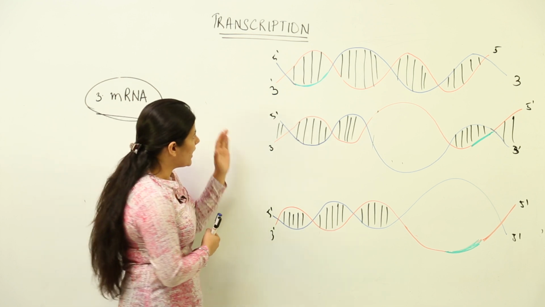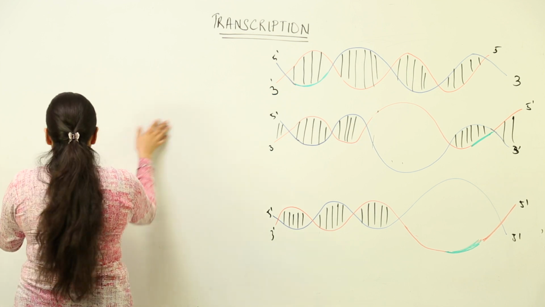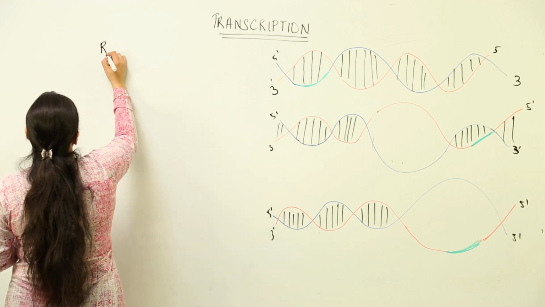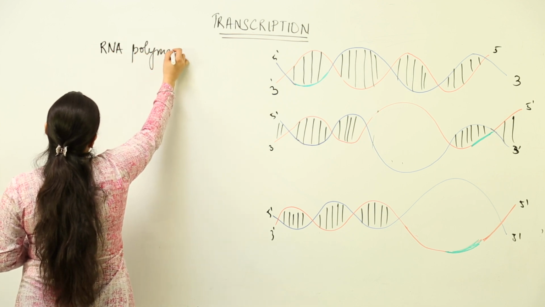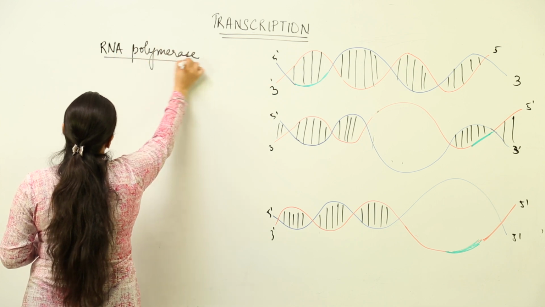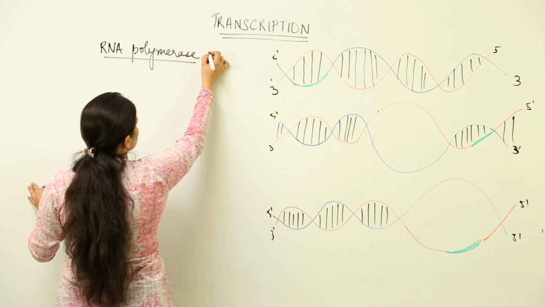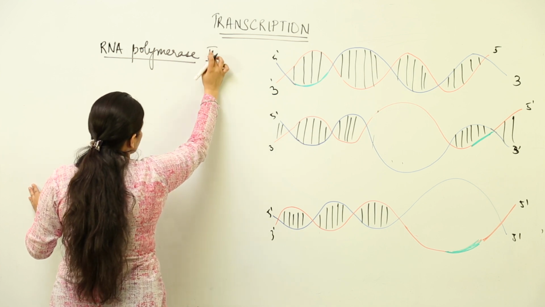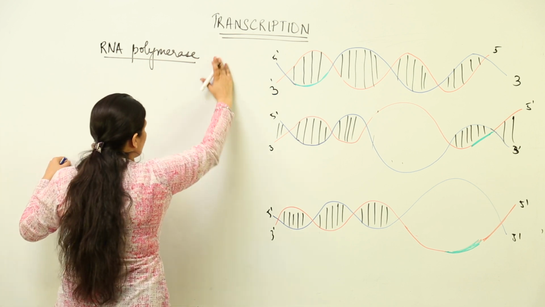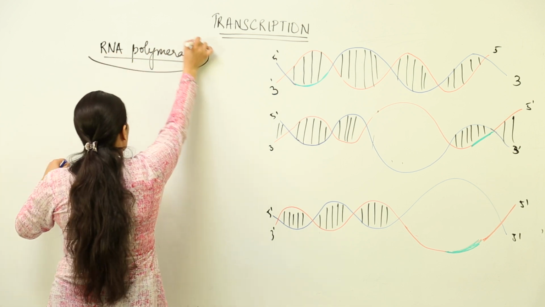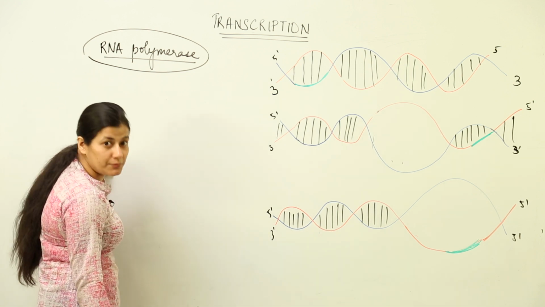Now, the enzyme which is responsible for formation of messenger RNA, or simply RNA, is RNA polymerase. Like we had DNA polymerase 1 and DNA polymerase 2, over here we have RNA polymerase, and RNA polymerase 2 is the one which plays an important role. We will come to whether it is 2 or 3 later on, but for now you have to remember that it is the RNA polymerase which single-handedly carries out the process of transcription.